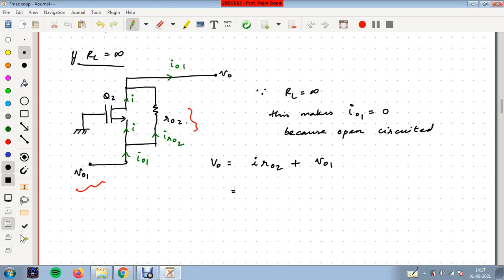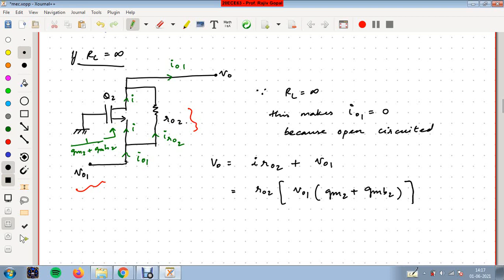What is I then? I here will be V01 into (GM2 + GMB2). Remember, the impedance seen in this direction is 1 by (GM2 + GMB2).